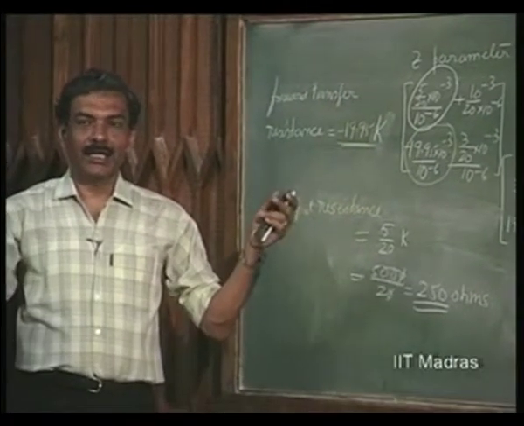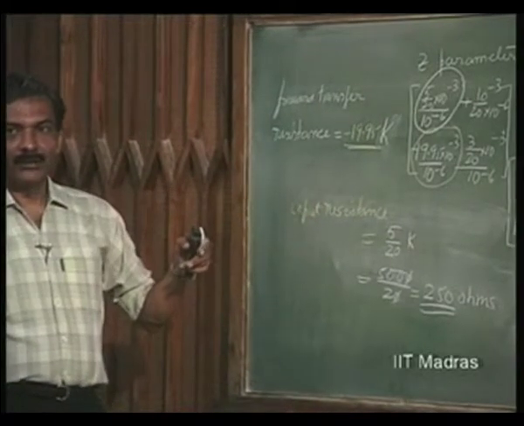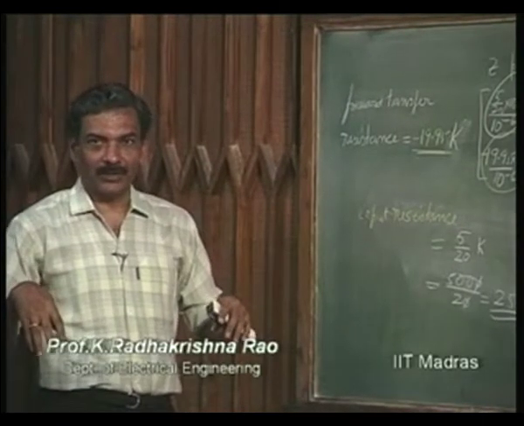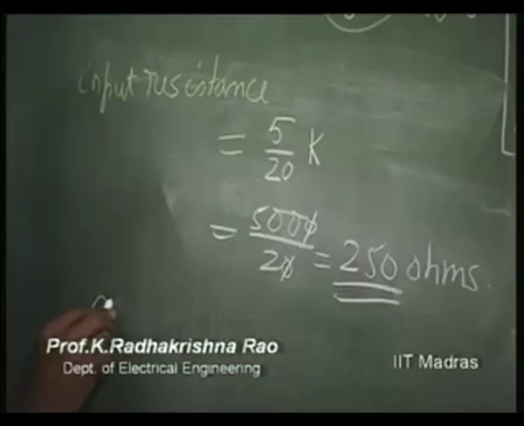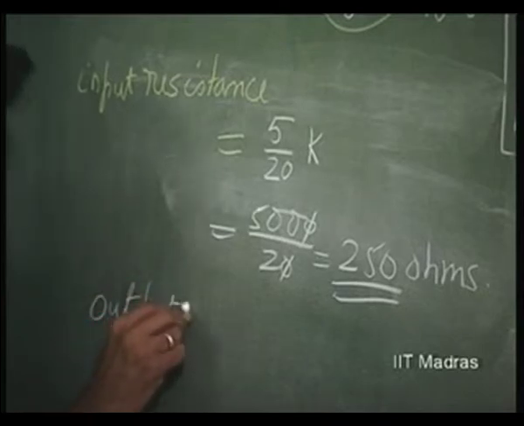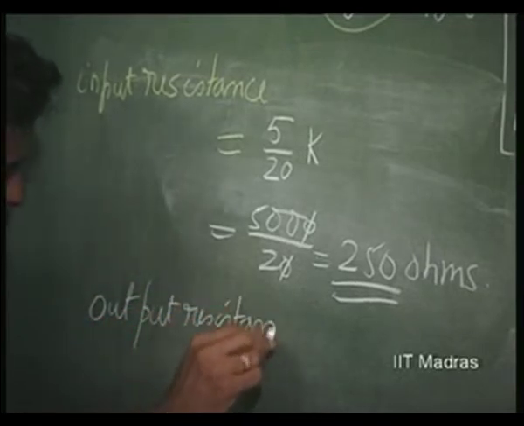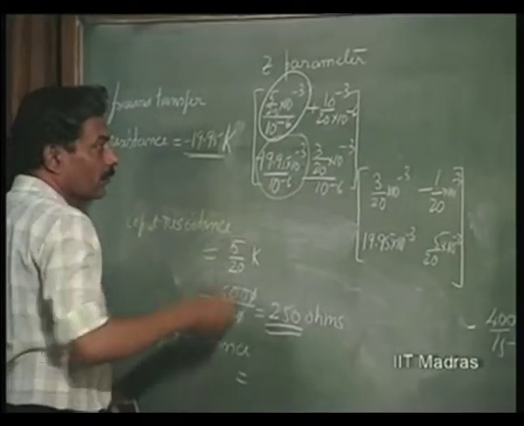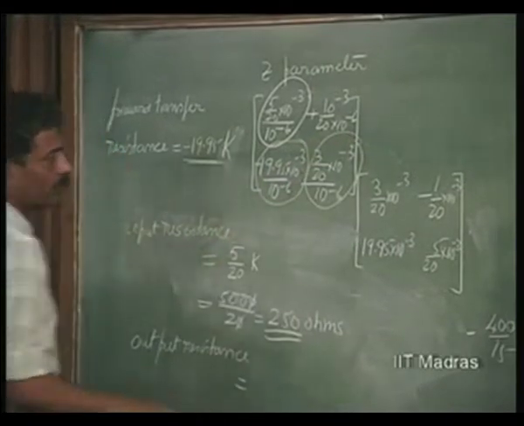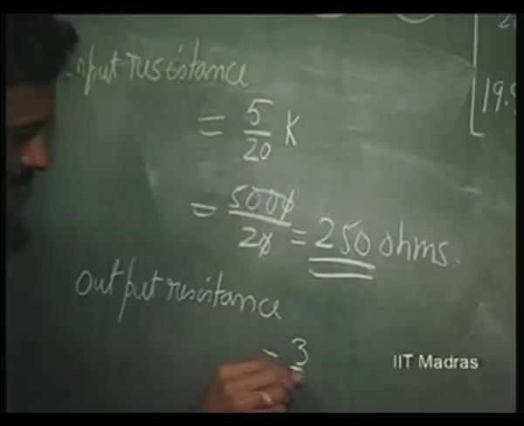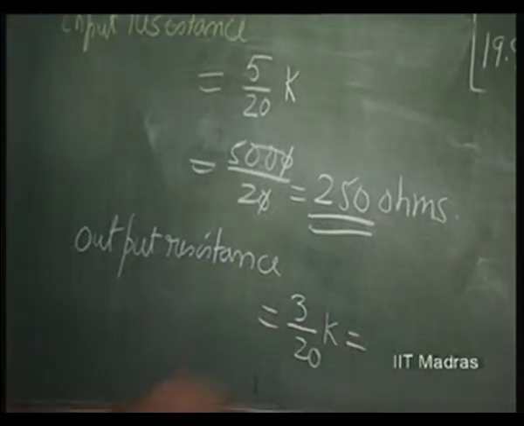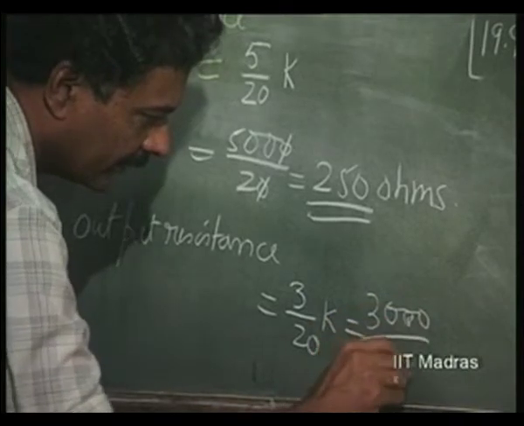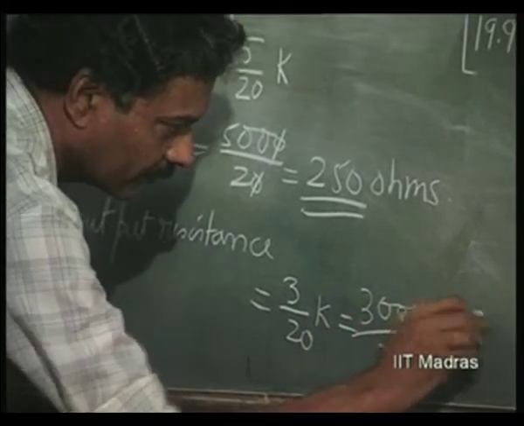See, it is a current controlled voltage source. Input resistance should go down and output resistance also should go down, right. So, let us see the output resistance. That is this. So, 3 by 20K, that is 3000 divided by 20 ohms, 150 ohms.